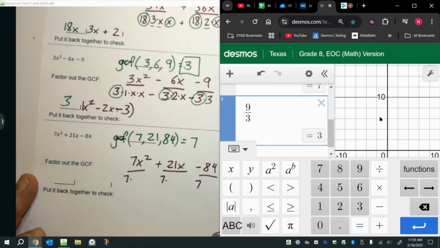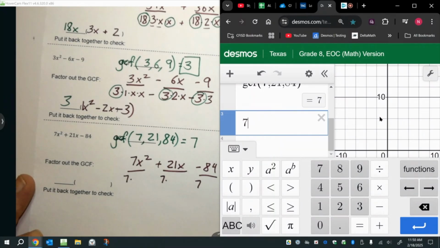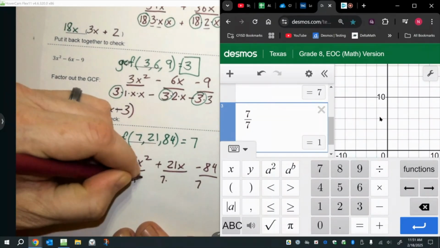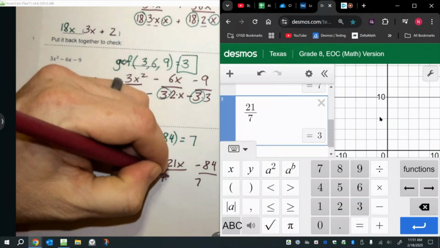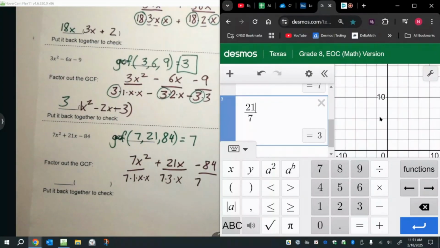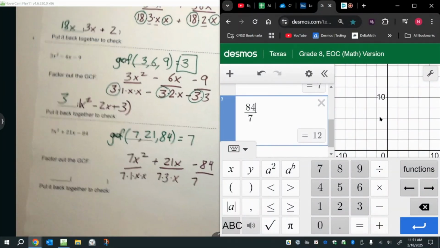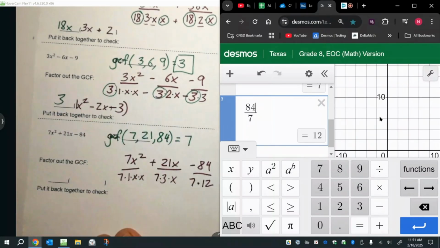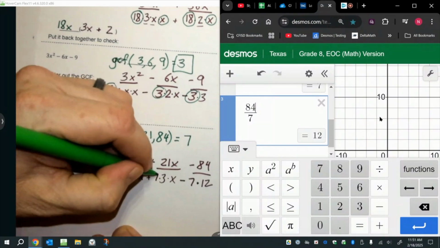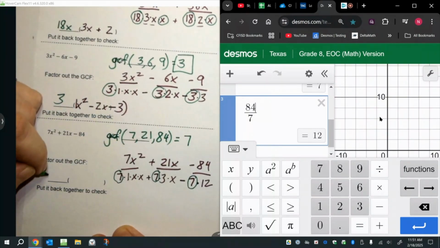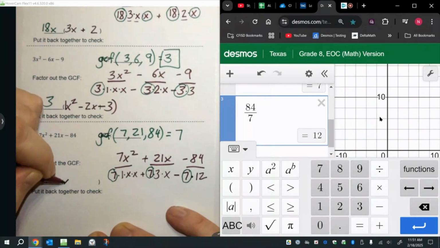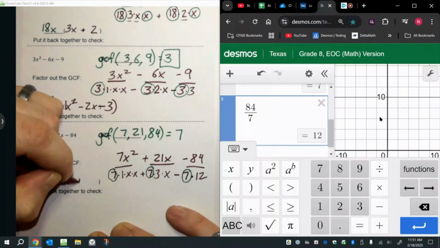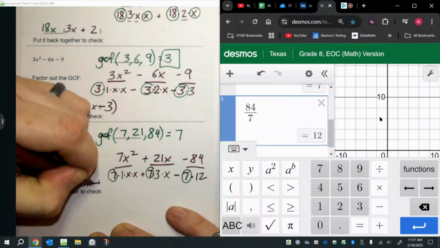So what gives me 7 divided by 7? Oh, that's 1 times x times x. 21 divided by 7 is 3. 84 divided by 7 is 12 with no x. So a plus sign, a minus sign. Let's circle our things that are similar. 7's there. Well, what's left? I have 1x squared, so that's plus 3 times x, so that's 3x minus 12.